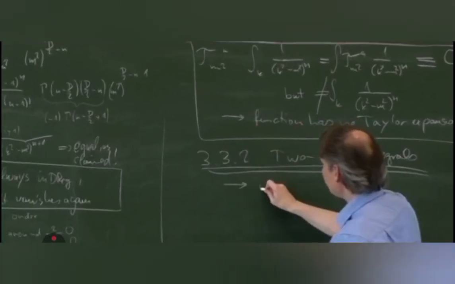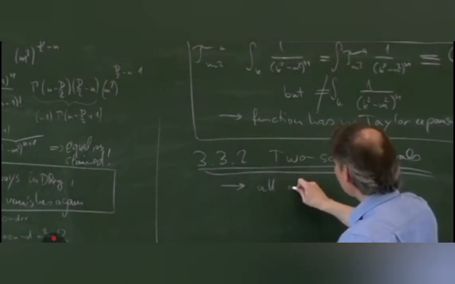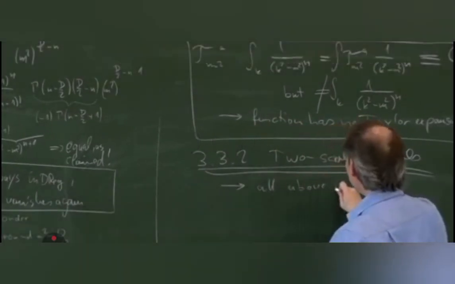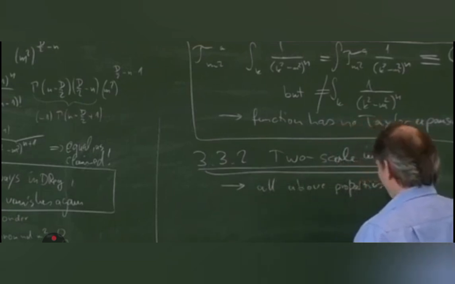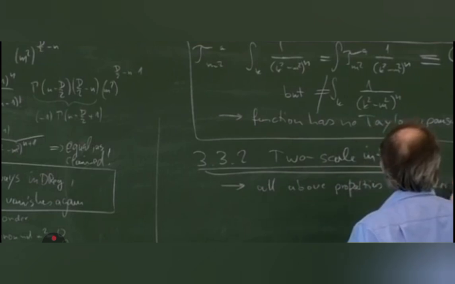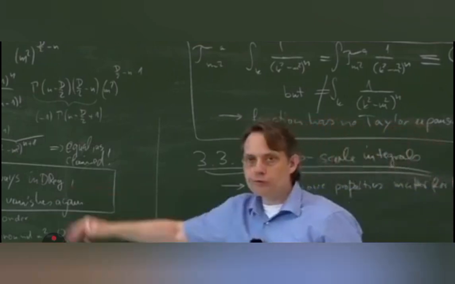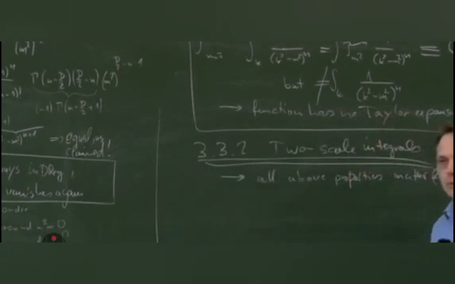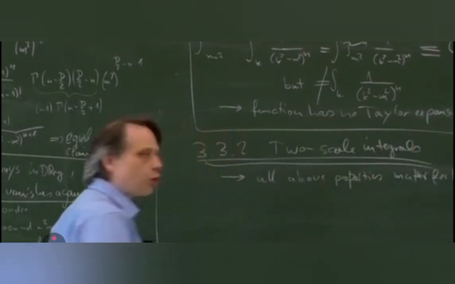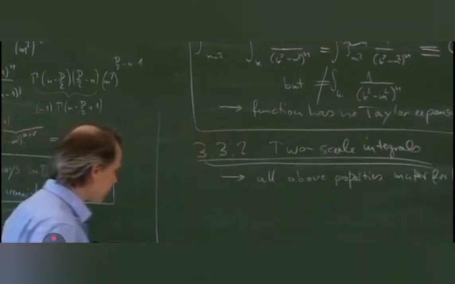So clearly, just as an obvious remark, all of these above properties matter for the method of regions. So all of these things with Taylor expansion at 0 mass, where we have a branch cut and so on, these are exactly the properties which go into the validity of the method of regions.